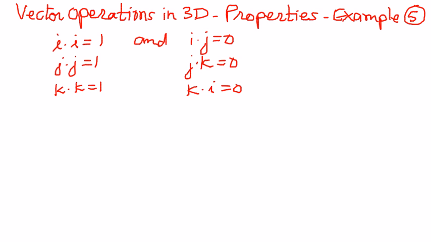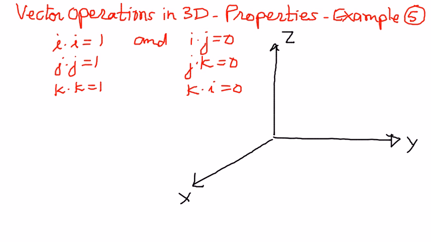So if I were to draw a graph, if I call this my x-axis, and this is the y-axis, and this is the z-axis, and if I were to take a unit vector from the origin, if I go 1 unit, this is I, and if I travel 1 unit on the positive y-axis, I call this j, and if I travel 1 unit on the positive z-axis, I call this one k.